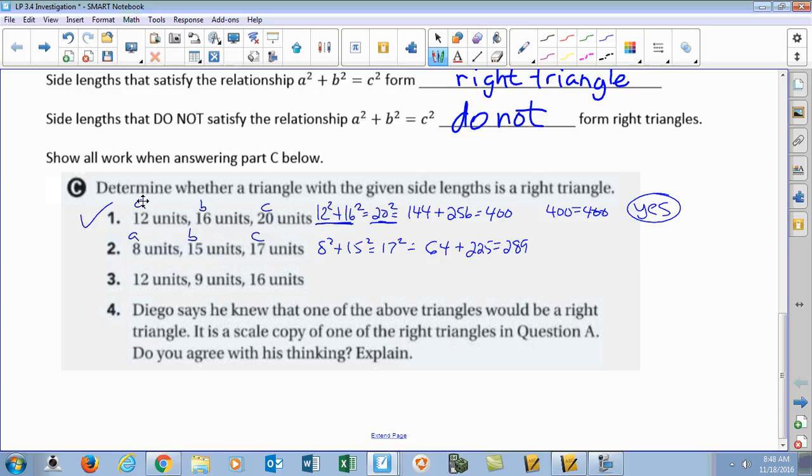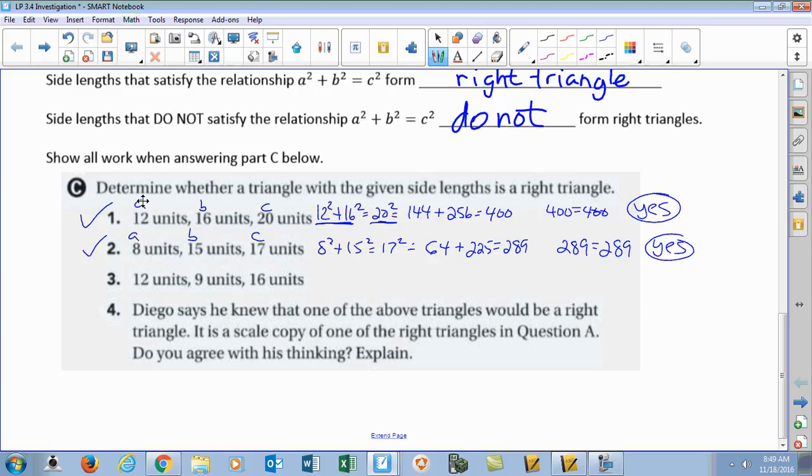And when I add 64 and 225 together, what do I get, 2s? So we get 289 equals 289. So that means, yes, those are sides of a right triangle, because again, the sum of the squares of the legs equals the square of the hypotenuse. So this is a yes. 2 for 2.